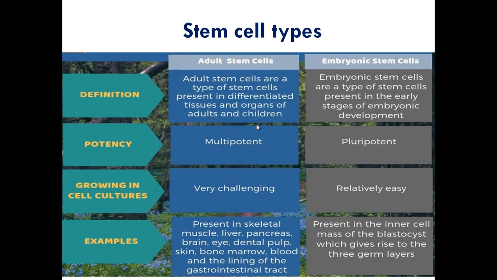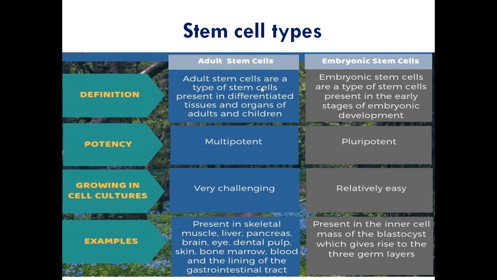We have three different types of stem cells: adult stem cells and embryonic stem cells, and along with that we can add umbilical cord stem cells. But most commonly the differentiation is given for adult stem cells as well as embryonic stem cells. Now we can see the definitions for adult stem cells and embryonic stem cells.